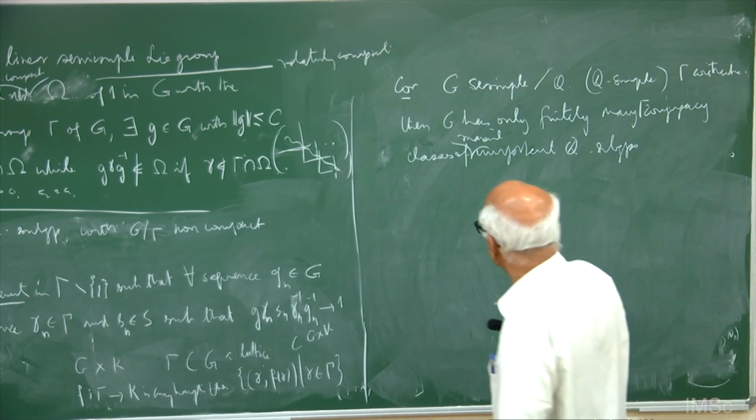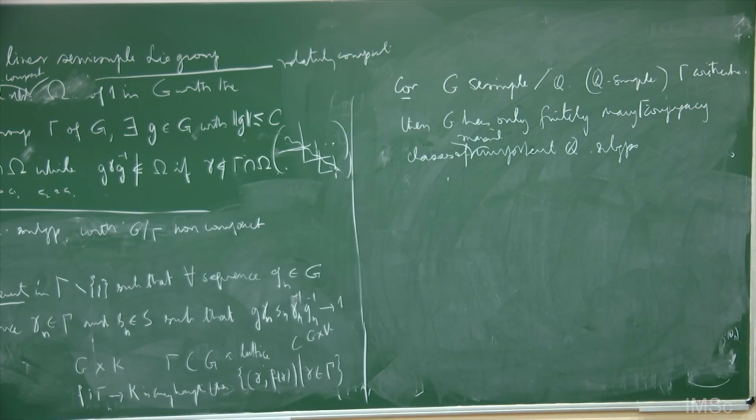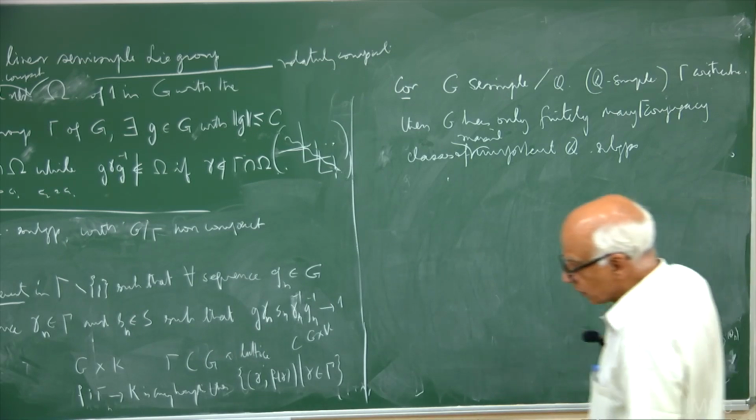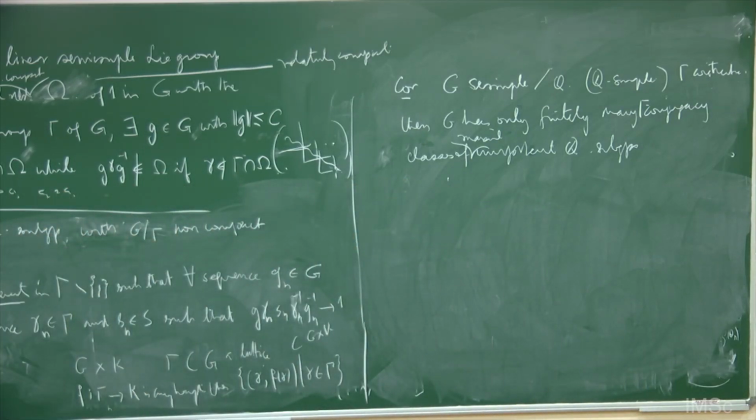Now the corollary says that if you have a group defined over Q, Q simple, and gamma arithmetic, then G has only finitely many conjugacy classes of unipotent Q subgroups. Now, the moment G has a unipotent Q subgroup, there will be a diagonal torus which will drag integral elements in the unipotent group to the identity.